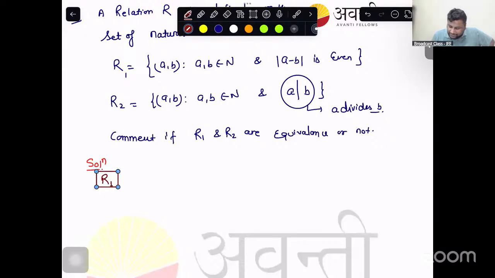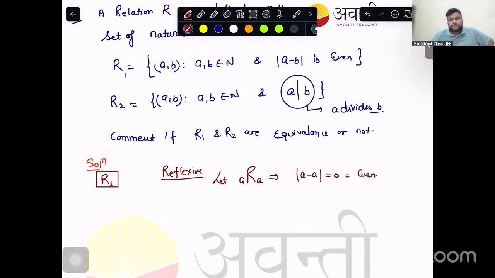Now, reflexive. Let A be related to A. That means |A minus A|, which is 0, is even. Yes or no? That means (A, A) belongs to the relation for every A which belongs to the set of natural numbers.